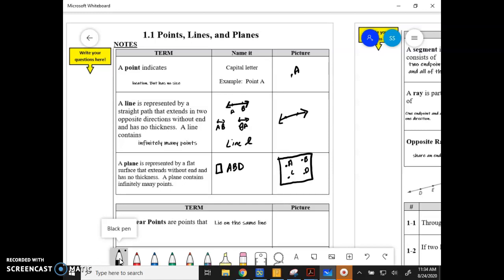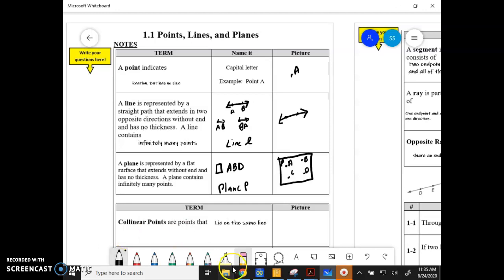We could do any one we want. I'm going to do ABD, and that's what it's going to refer to. The other way is you might see a capital letter in the corner, without a dot by it, and then we could label this by writing out in words, plane P.